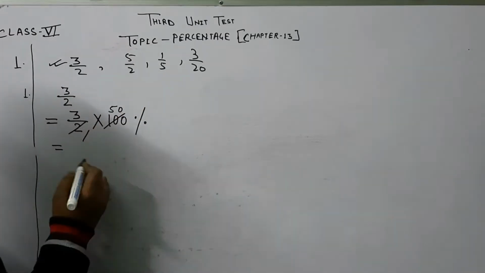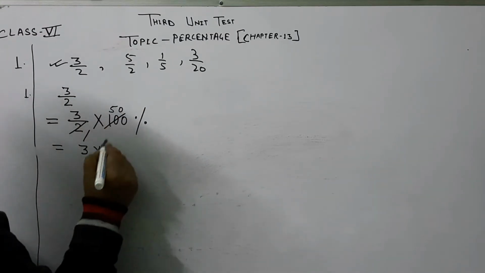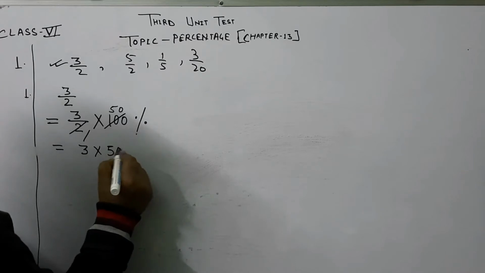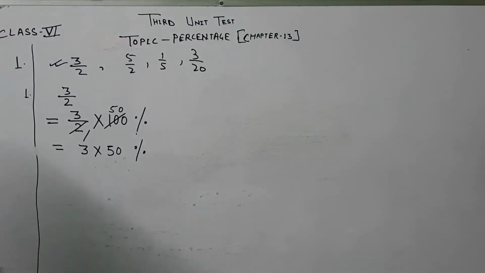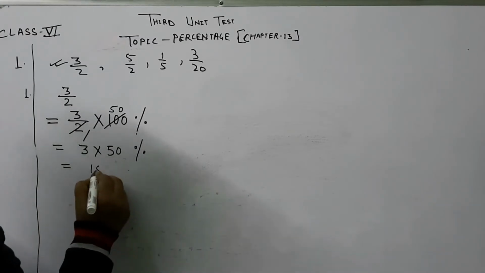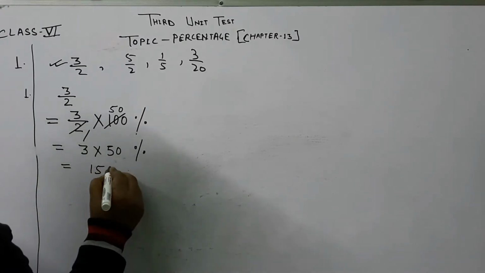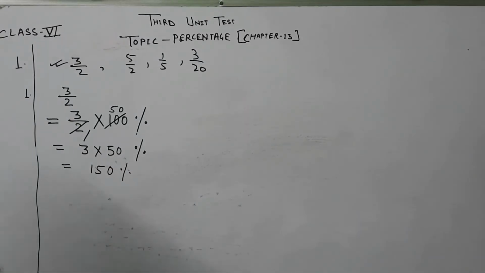What is left on the top? 3, multiplied by 50, and afterwards put the sign of percentage. Now see, 3 fives are 15, 3 zeros are 0, then it is 150%.